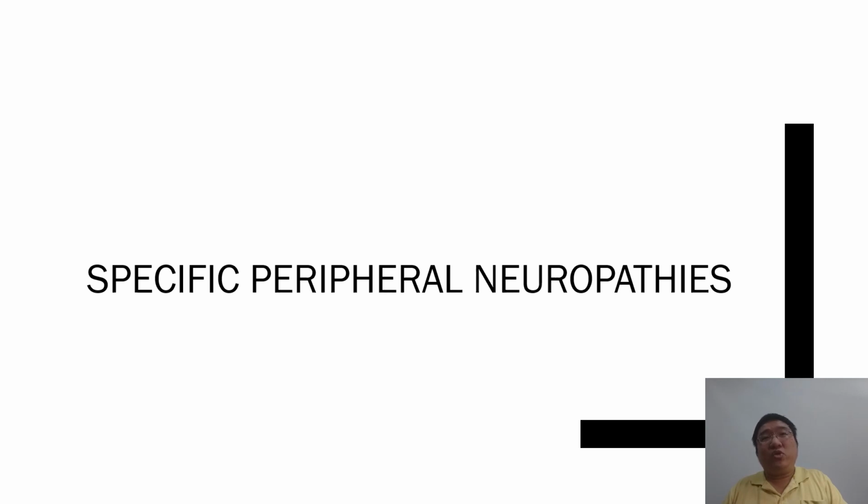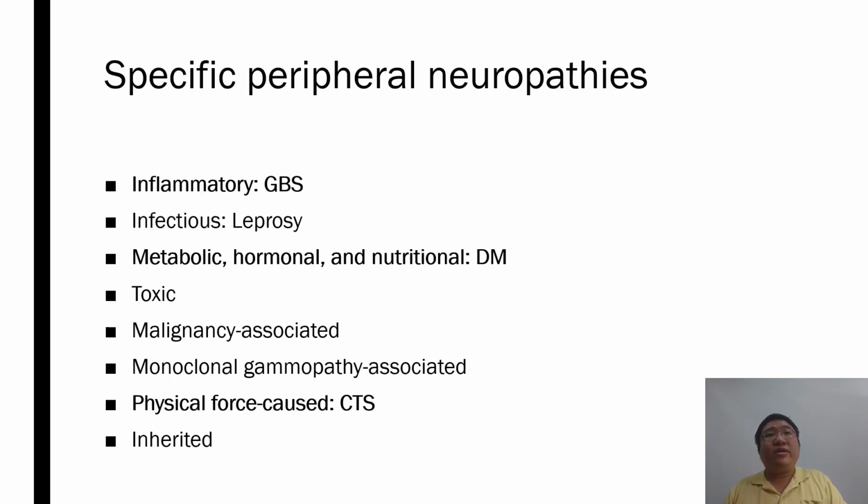So I would like to move to specific peripheral neuropathies. There are many types of peripheral neuropathies. I am going to focus on only some that I think are important and that you must know. For infectious diseases, the typical example is leprosy.